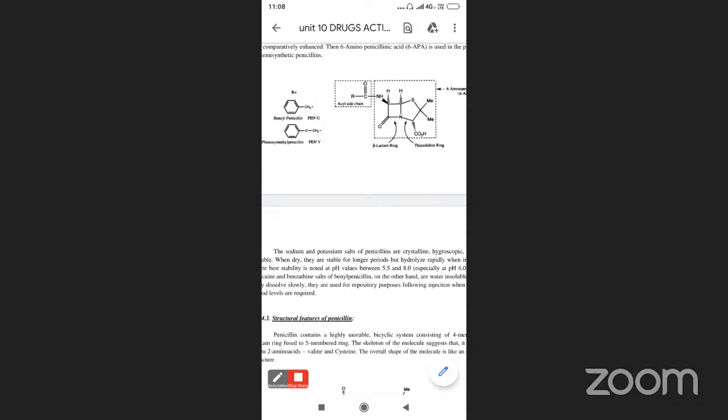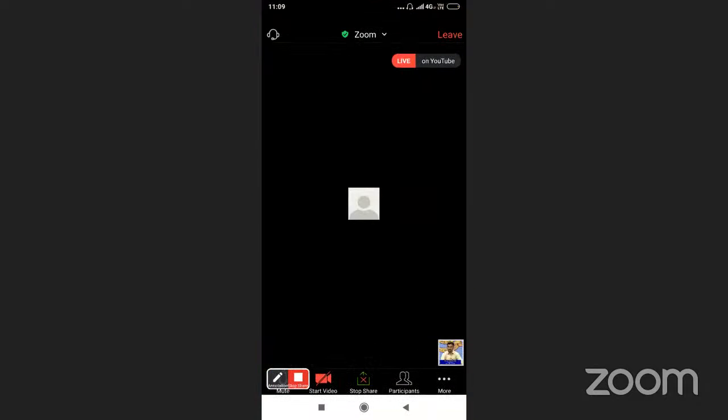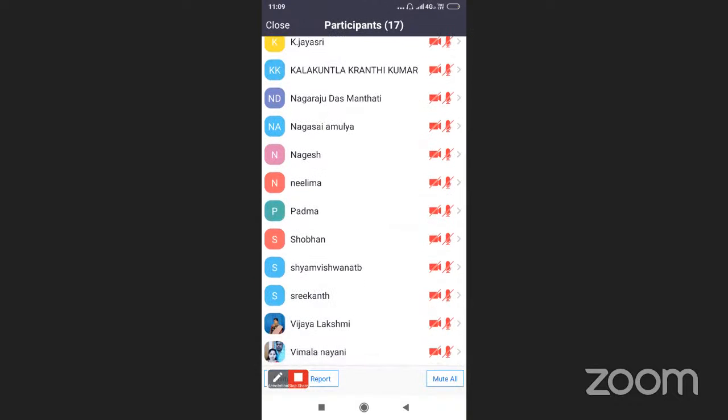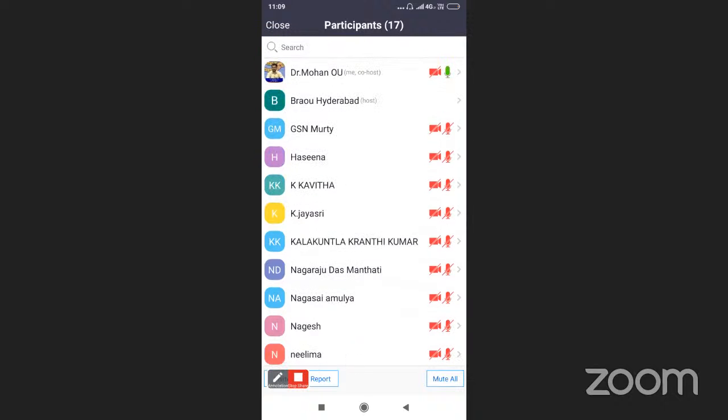In a drug, we have two parts: the pharmacophore part and the non-pharmacophore part. The pharmacophore part is the part that has the pharmacological activity. The non-pharmacophore part does not have pharmacological activity, but it is essential.